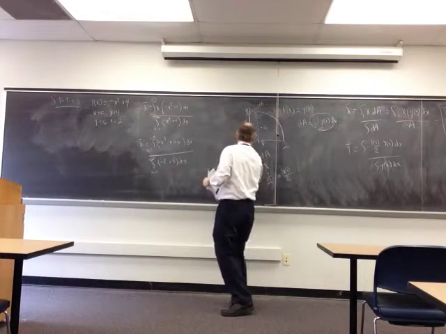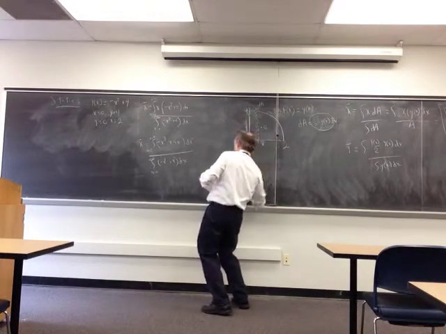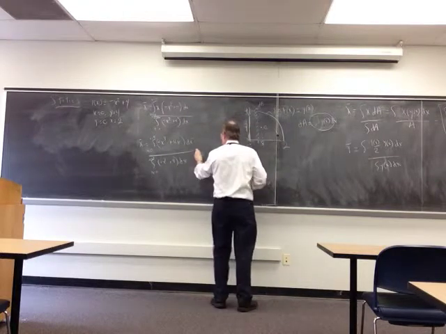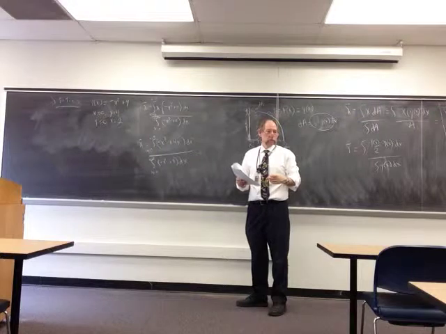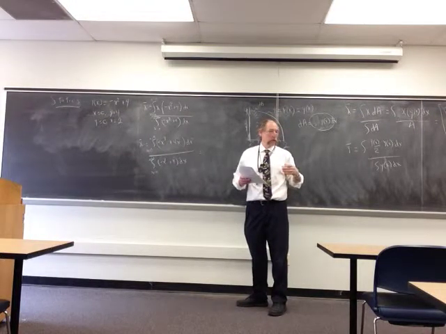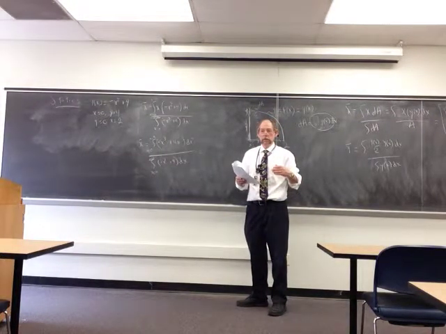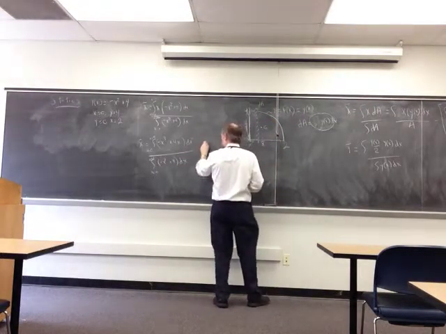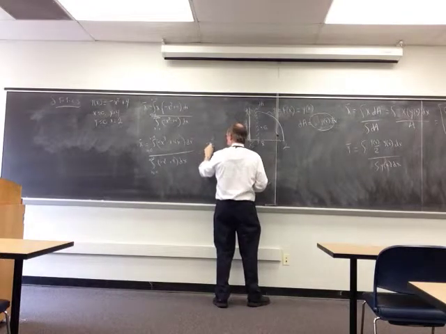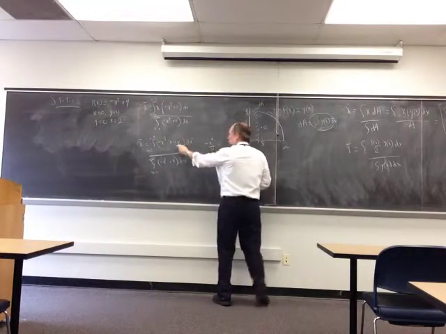Let's see. So the integral of minus x cubed. What's the integral of minus x cubed? Yes. So minus x to the 4th over 4 plus the integral of 4x.